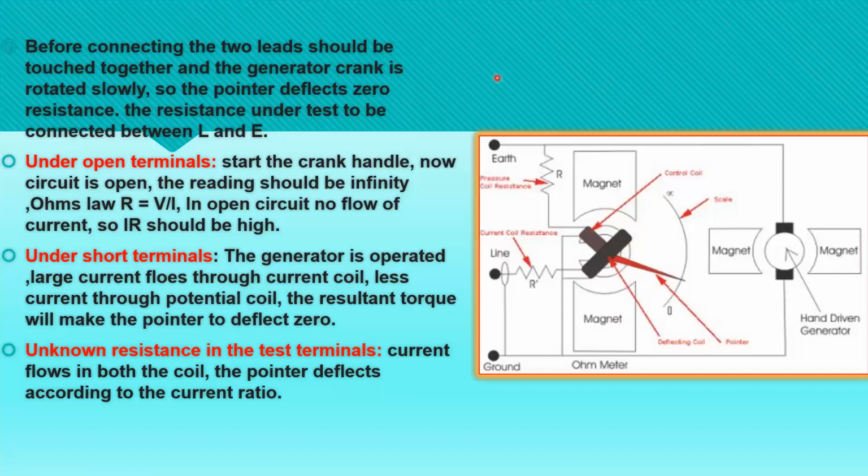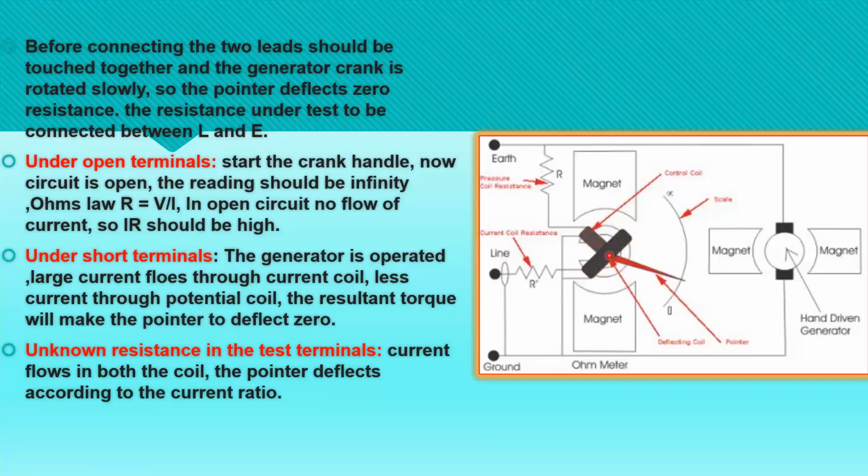And third, an unknown resistance is connected to the test terminals. Current flows in both coils. Now the actual amount of current will flow through both coils. Here one coil is the control coil, or potential coil, or pressure coil. And here the other is called the deflection coil or current coil.